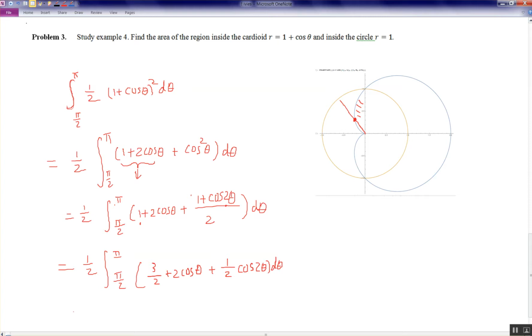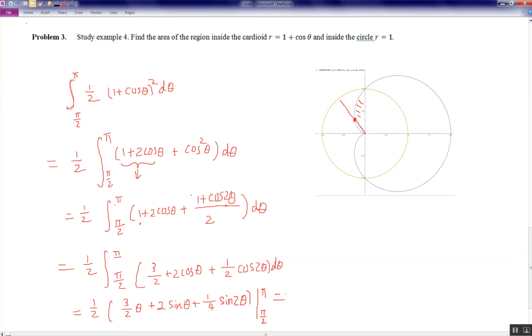Now we can do the antiderivative. Oops, I'm actually doing the antiderivative, so no more integral symbol. 3/2 theta plus 2 sine theta plus 1/4 sine 2 theta. And the angles go from pi over 2 to pi.